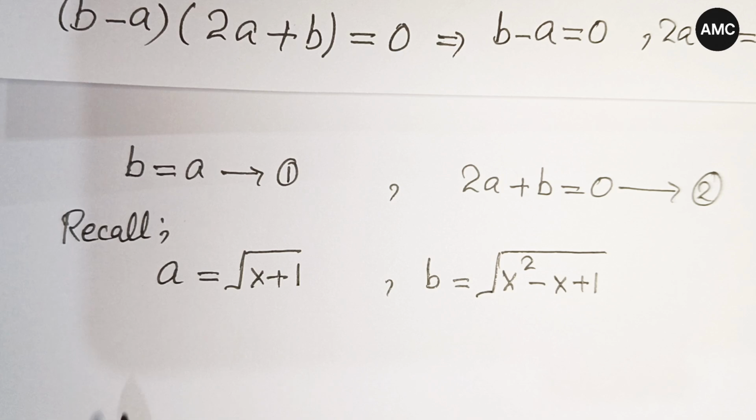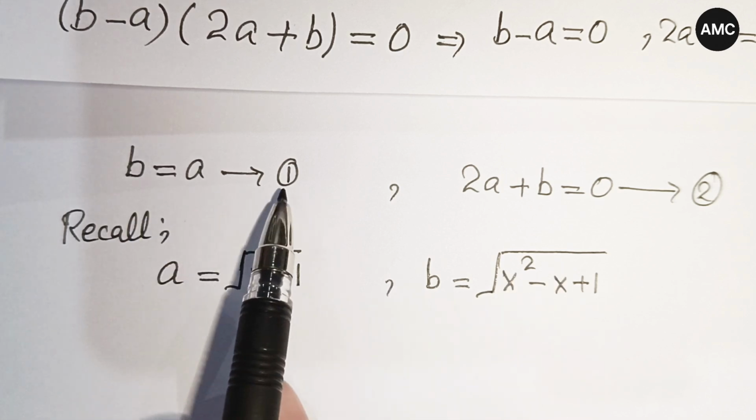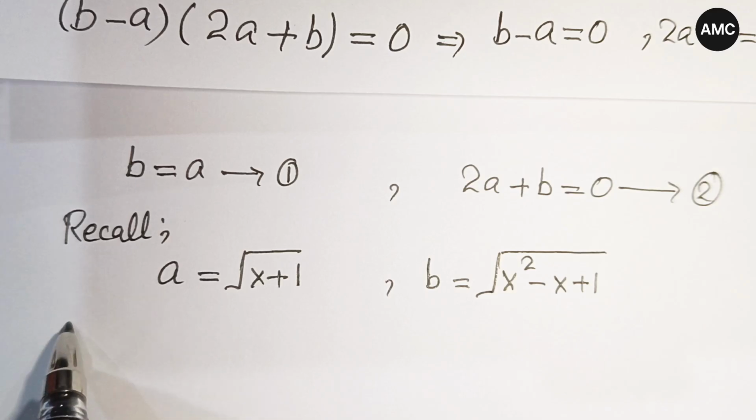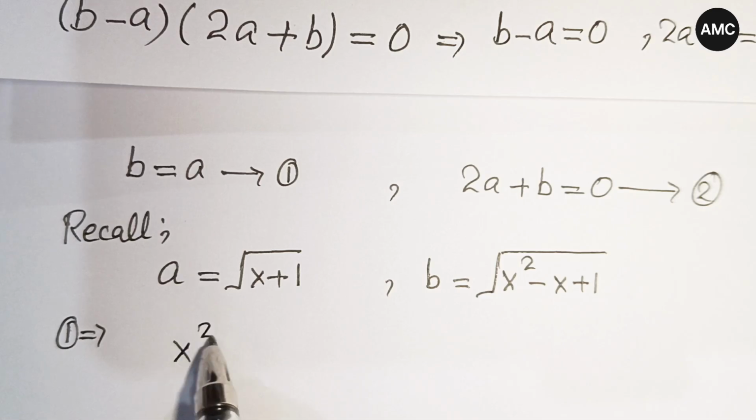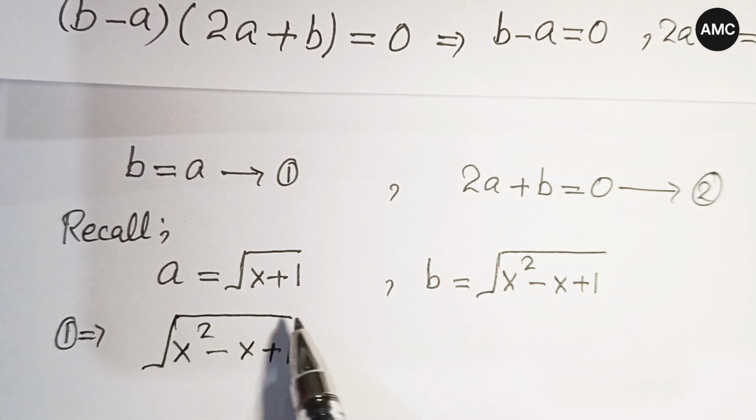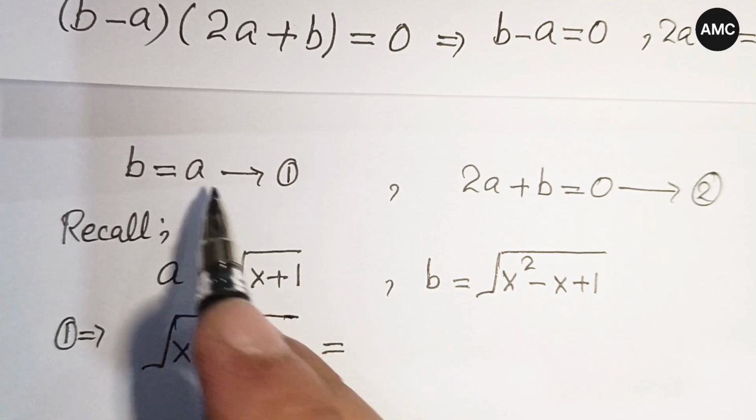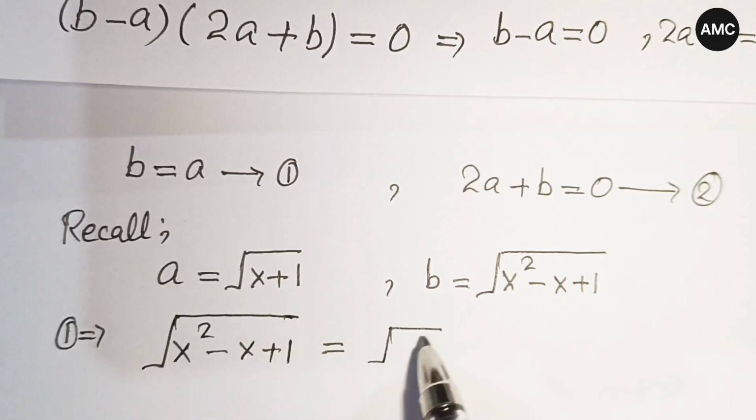So here b is equal to a, so if we put the value of b and a in equation 1, then we have square root of x squared minus x plus 1 is equal to square root of x plus 1, which is the value of a.